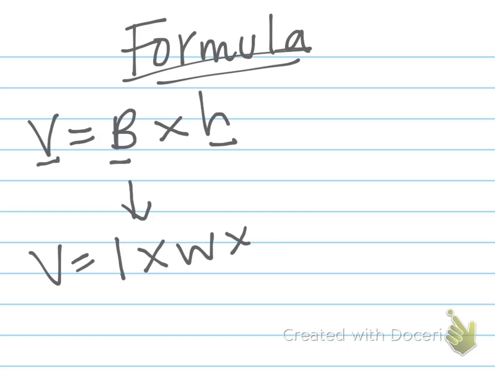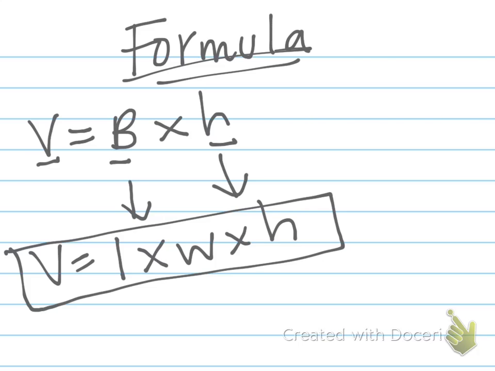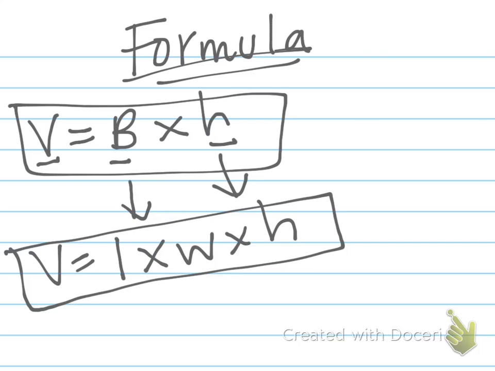And then multiply that by H. You're going to get the same answer if you think of it as V, volume, equals length times width times height. Or you can have volume equals base times height. You can use any of these, you will get the same answer. So we'll go ahead and do the problem here.